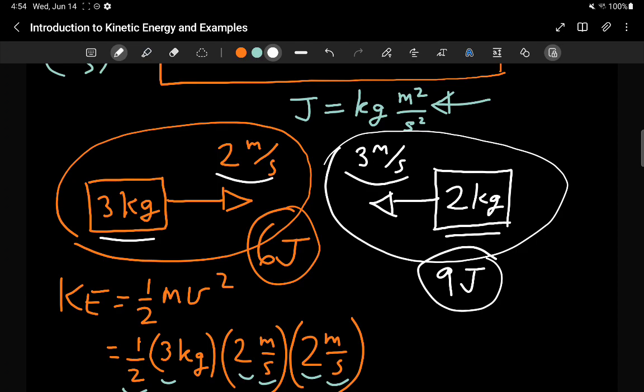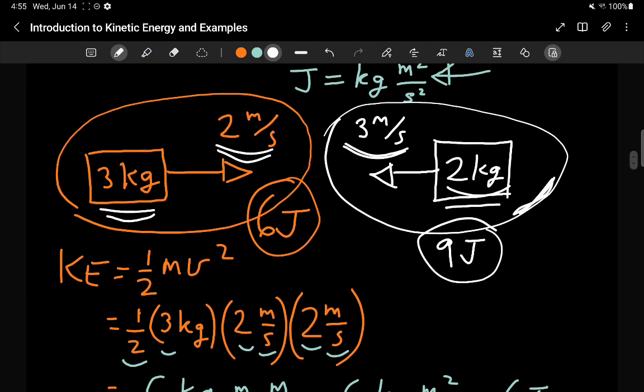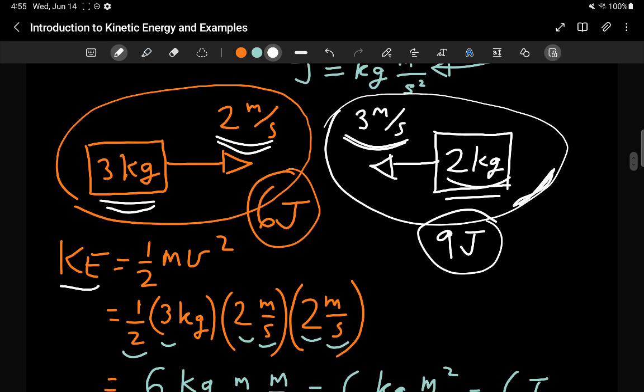Check it out. I have more mass, but it's moving slow, than this case, which has a little bit less mass, but it's moving faster. If you look at how the kinetic energy formula works, it actually depends on both the mass and the speed, but did you notice that it depends on the speed sort of more than it depends on the mass?